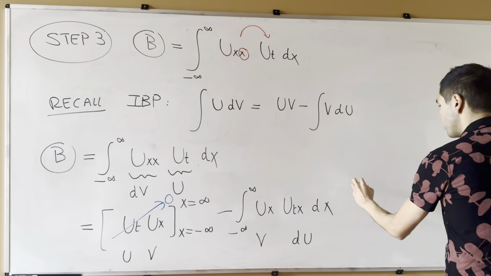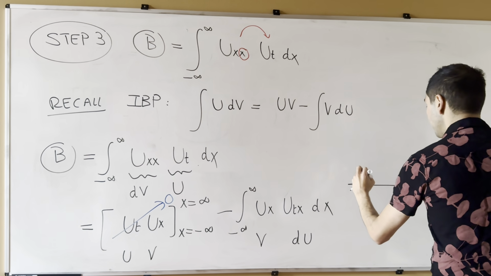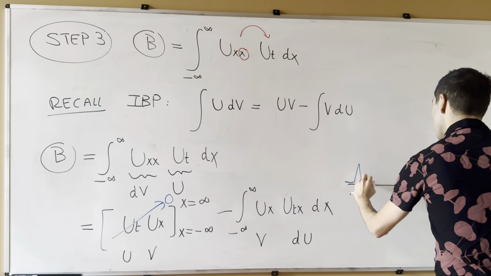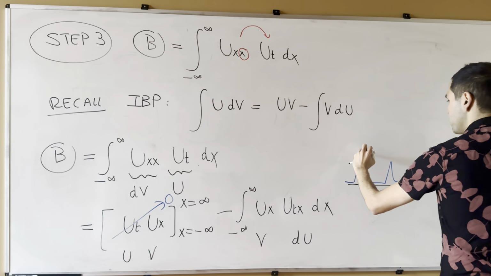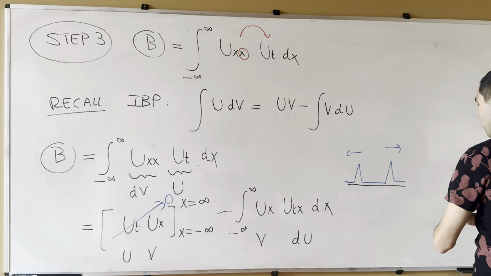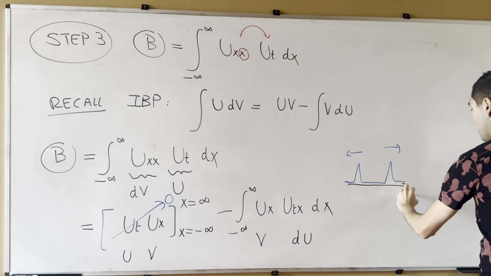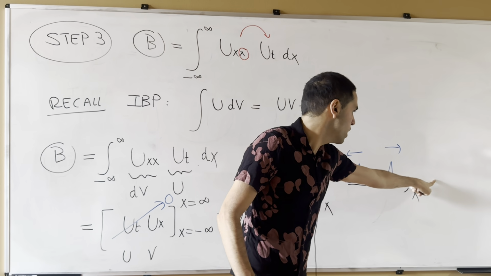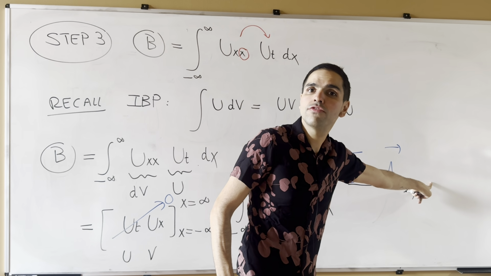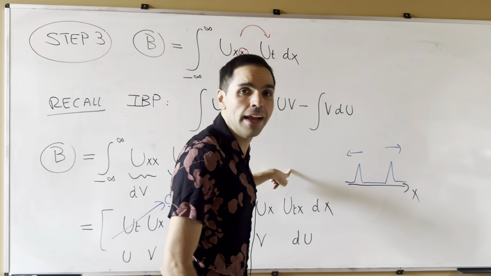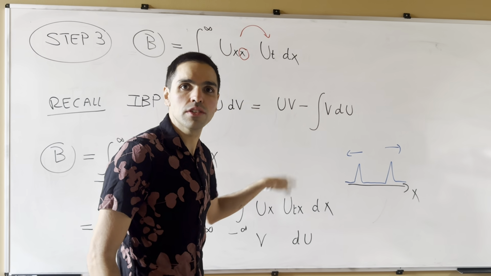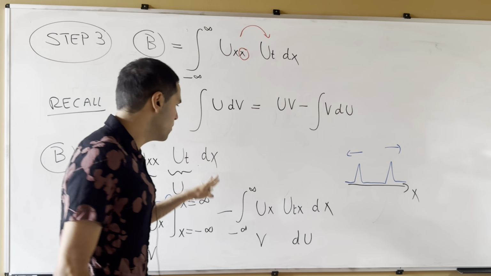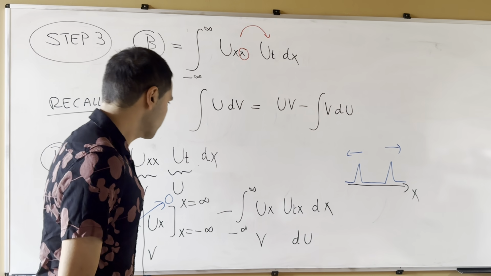So just to illustrate, if we have a wave like this, let's say that splits up into 2, for every time if x is plus infinity, that wave is 0, and so is its velocity. If x is minus infinity, that wave is also 0. Because remember, t is fixed here.